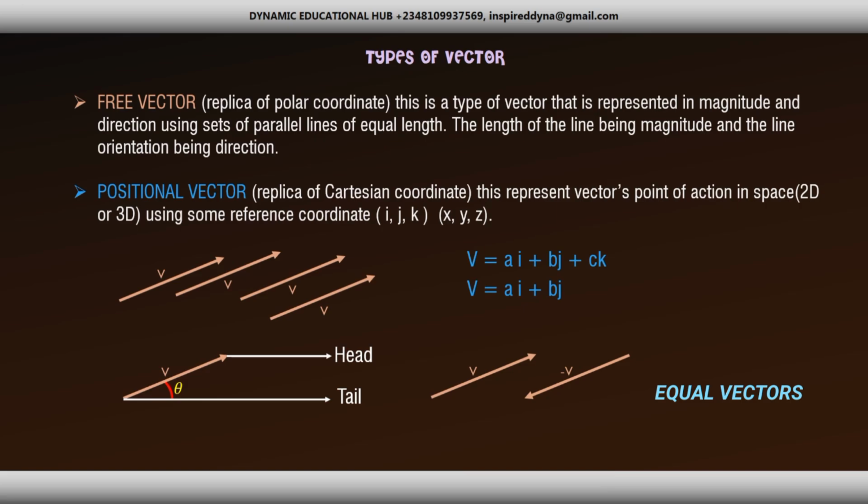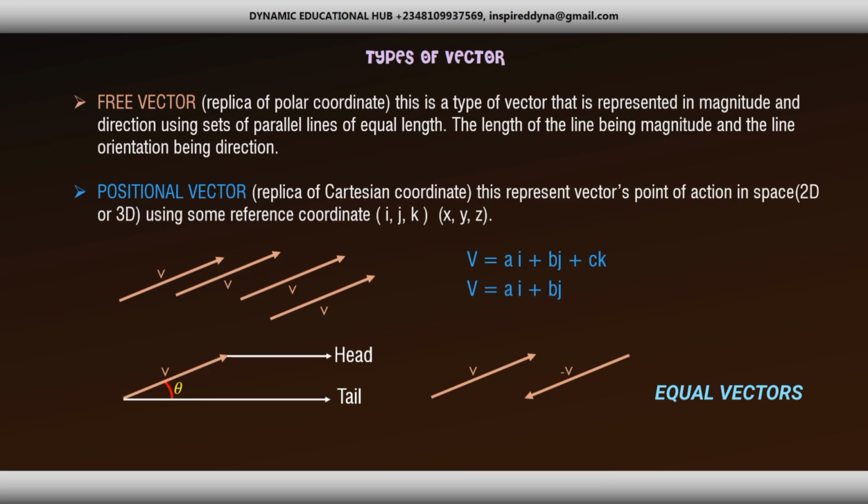Now we have vectors. Vectors are quantities that have both magnitude and direction. Magnitude and direction are the defining things when it comes to vectors. What is the meaning of magnitude? Magnitude simply means size, numerical value.